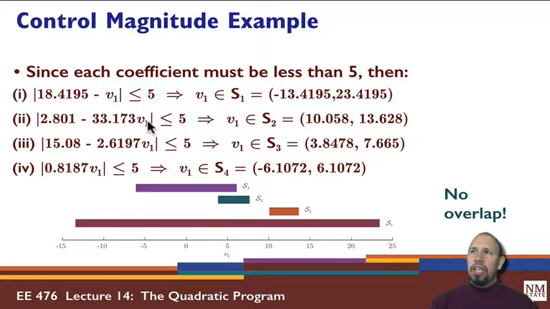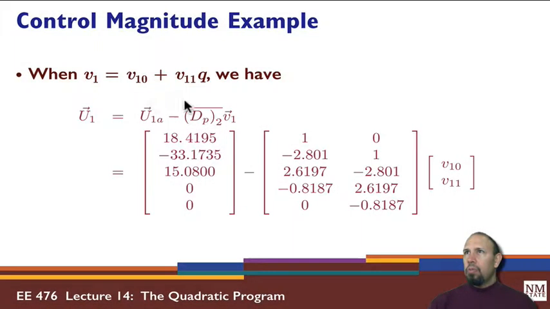That means v1 cannot just be a constant. So we move up from a constant. We move up to v1 having a constant term plus a coefficient times q. In this case, this becomes our u1, u1a, u1b, and so here are our unknowns.